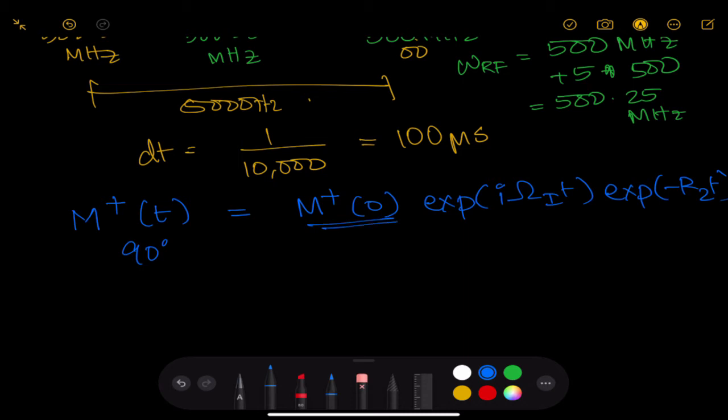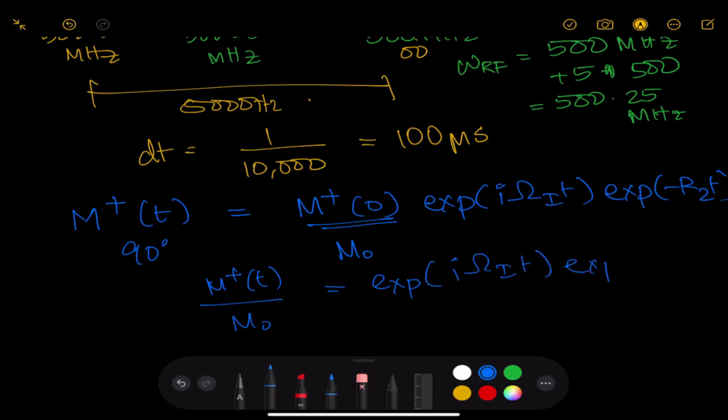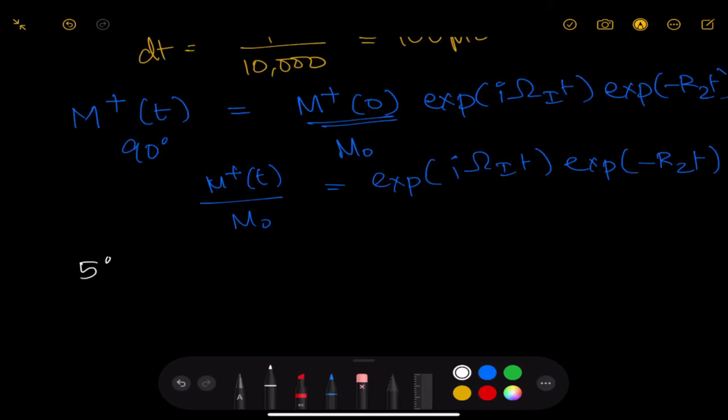So therefore, your M plus of 0 is going to be M naught. And for all practical purposes, we can take M plus of t over M naught, so that we normalize over M naught. It's going to be given by exp(i omega t) times exp(minus R2 t). For the signal to decay to 5% of the original signal, meaning going from 100% to 5%, let's ask how long will it take.